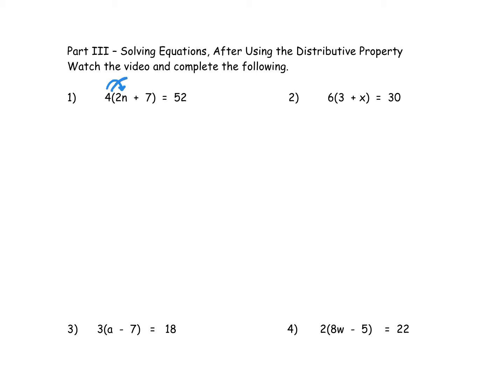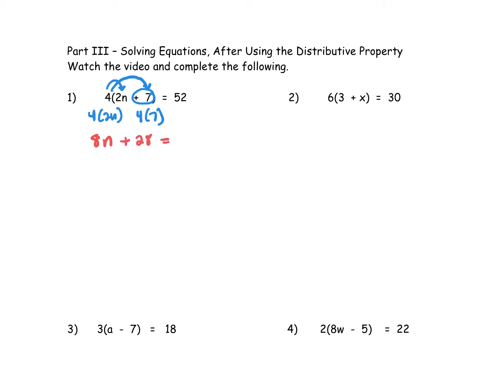So that 4 is going to multiply 2n, and the 4 is going to multiply positive 7. So 4 times 2n, and then 4 times 7. And that becomes 8n. 4 times 7 would be positive 28.